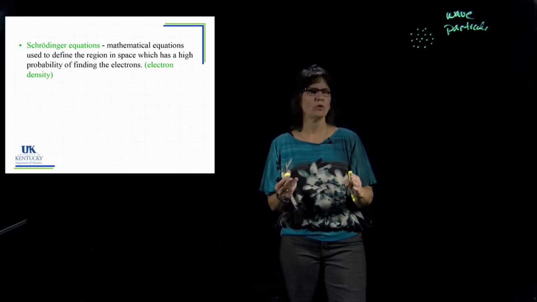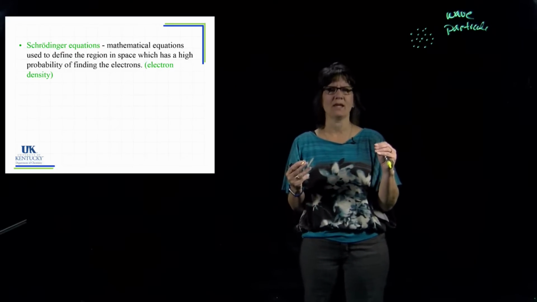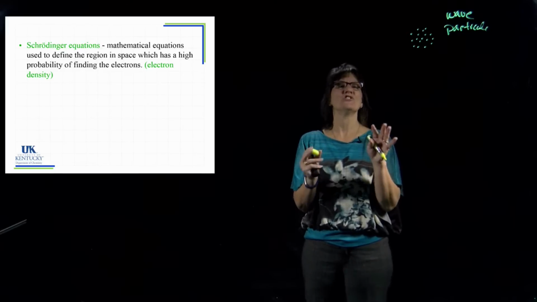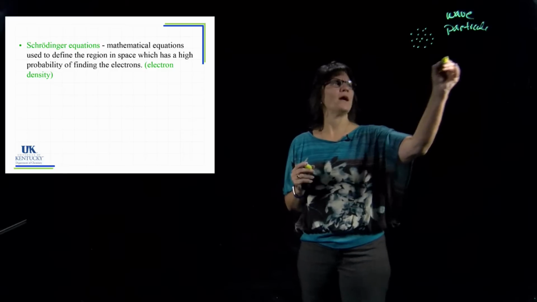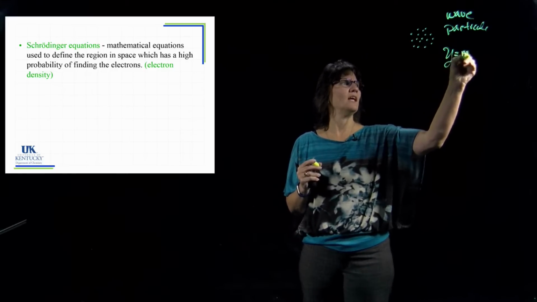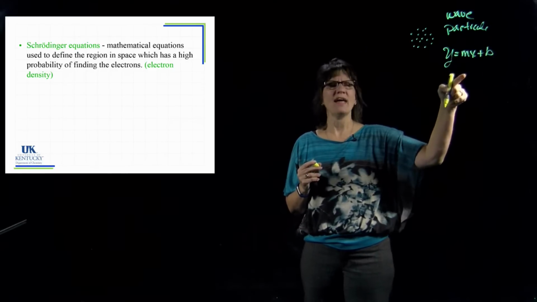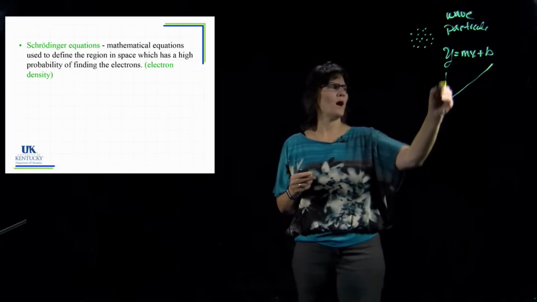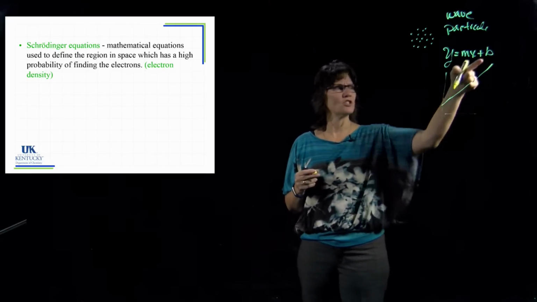Now, a mathematical equation that defines a shape is not unknown to us in just the algebra world. Remember the equation y equals mx plus b? That defines a line, the slope of the line, and where it intercepts the y-axis, which is b.